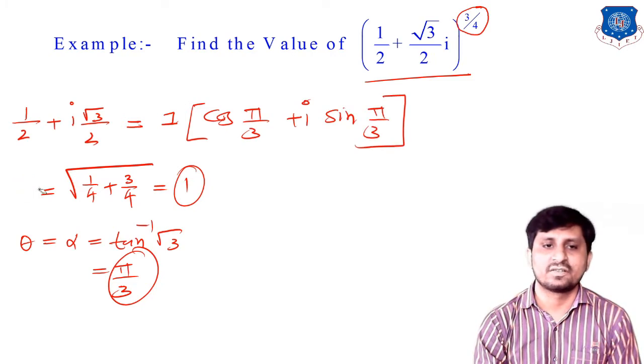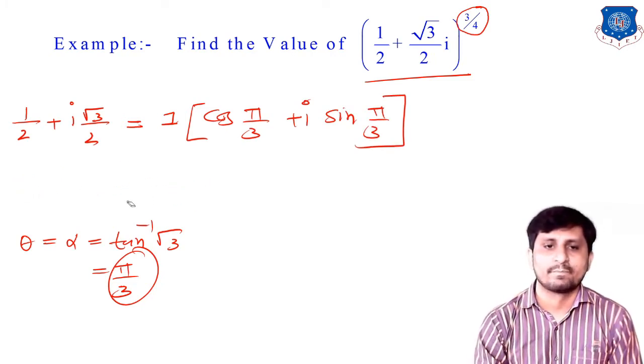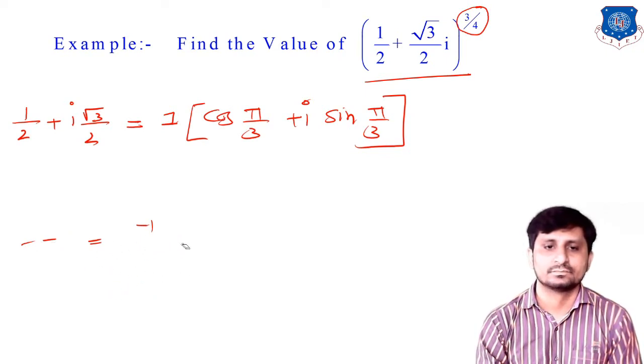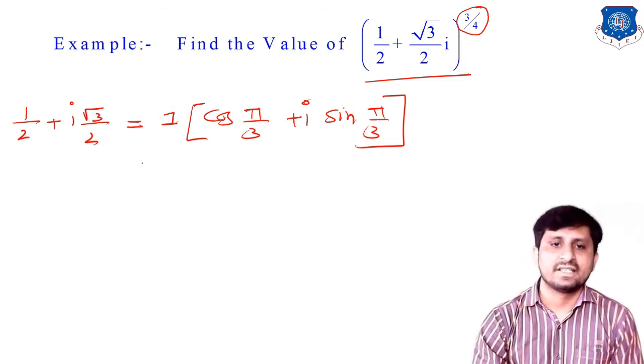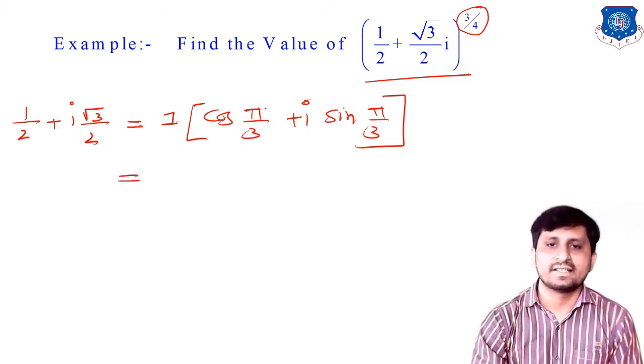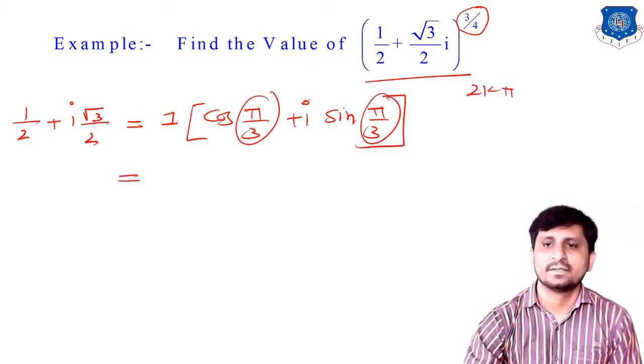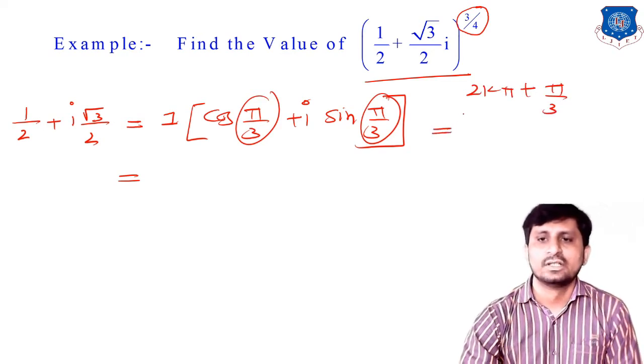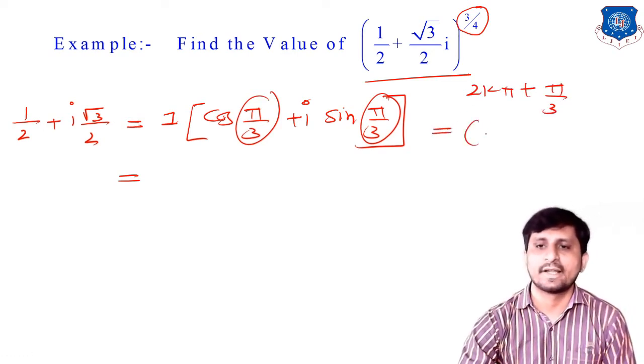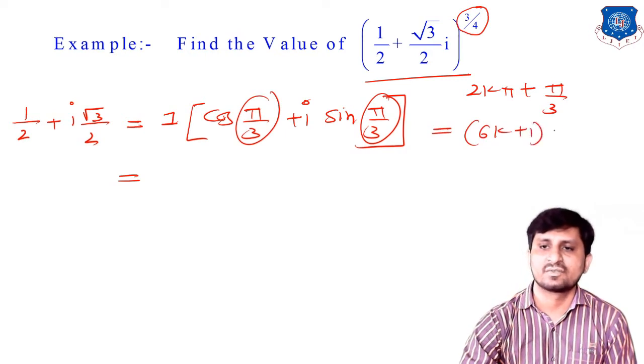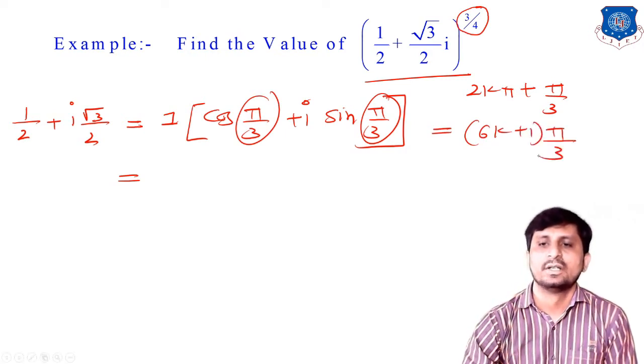So this is just rough work, so now I just erase it. Now the next step is we have to add 2k pi to this angle pi by 3, right? So what is the value of 2k pi + pi by 3? That is (6k + 1) into pi by 3.